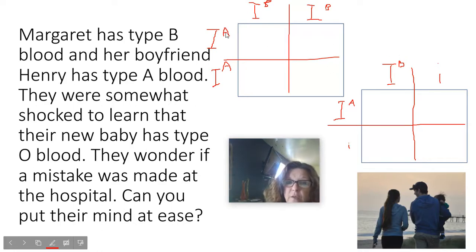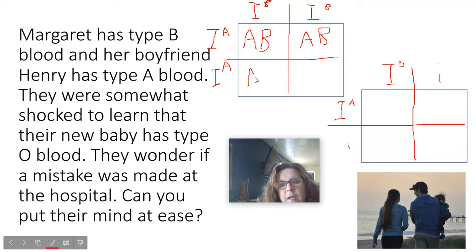Okay, so in this case, get an A from Henry and a B from Margaret and have type AB blood. Same thing here. I'm just putting the phenotypes in here. It's a little difficult with my mouse to draw all these genotypes, so I'm just going to put in the phenotypes.